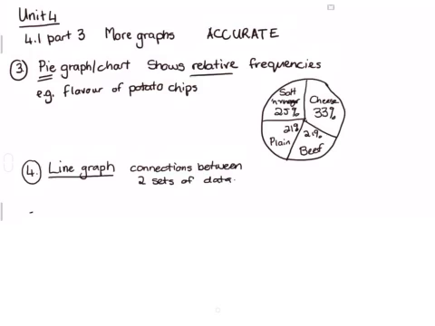So let's do as an example, the amount of cash available in a business or in a shop or whatever, in a particular month.